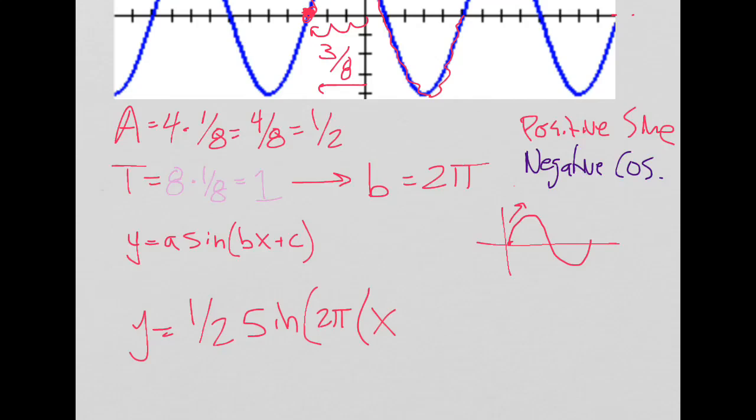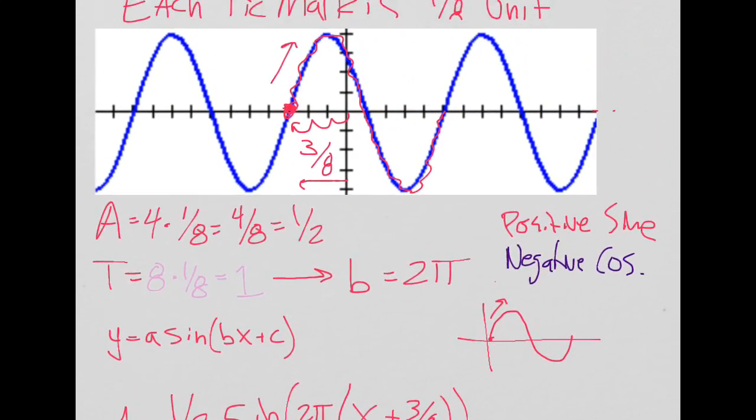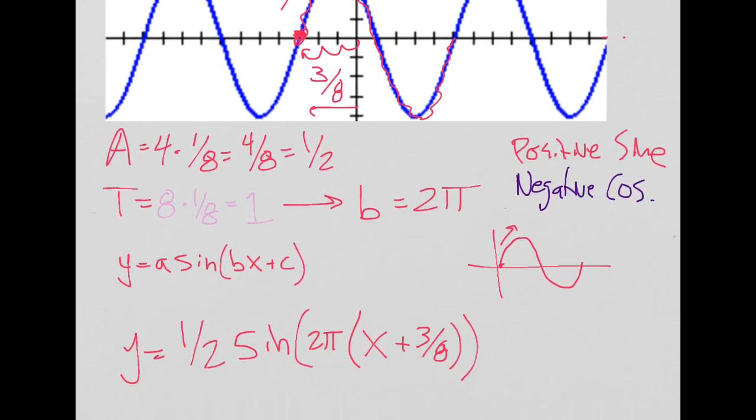My phase shift was 3/8 to the left, so that's going to be plus 3/8. When I have it factored like that, I can just add the 3/8, the shift to the left that I wanted. That is the beauty of having it factored like that, and if you were to graph this, you would end up with something that looked exactly like this.